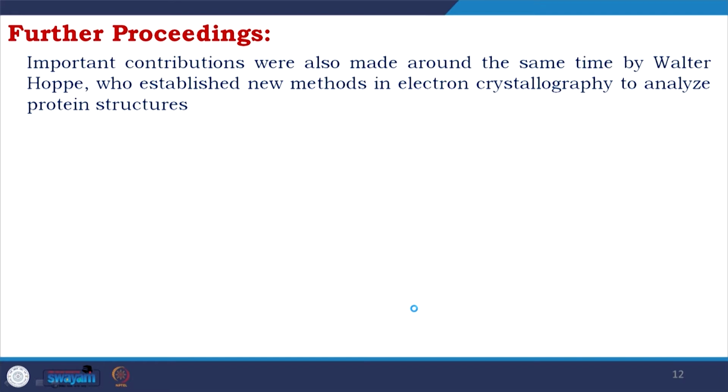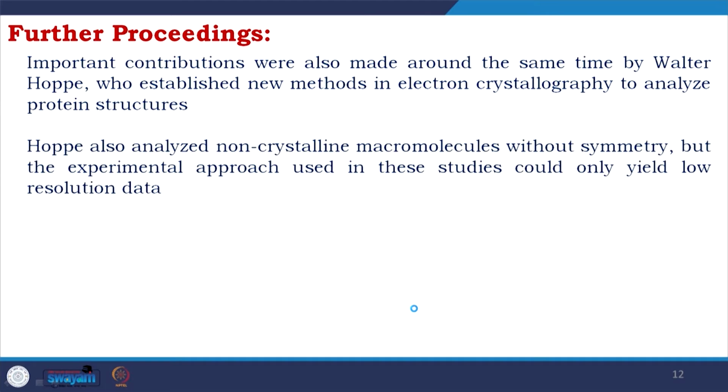Important contributions were also made around the same time by Walter Hoppe, who established new methods in electron crystallography to analyze protein structure. Hoppe also analyzed non-crystalline macromolecules without symmetry, but the experimental approach used in these studies could only yield low resolution data, telling the importance of symmetry also.